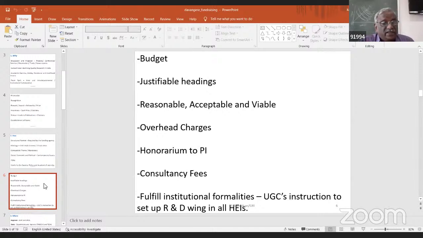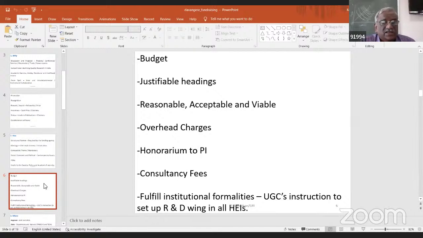And very important point is that you have to fulfill all institutional formalities. Nowadays, most of the managing institutions, the operating institutions, are finding it difficult to get into conflict with the auditing authorities. They have many audit objections, especially from the state universities, for various reasons.